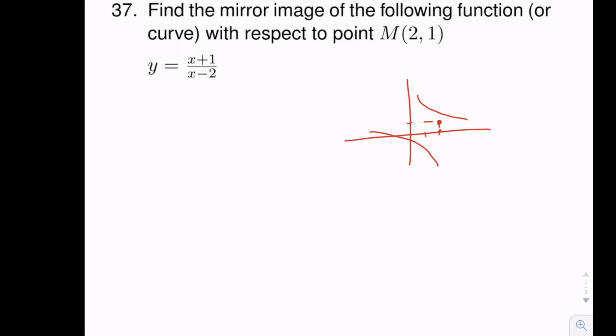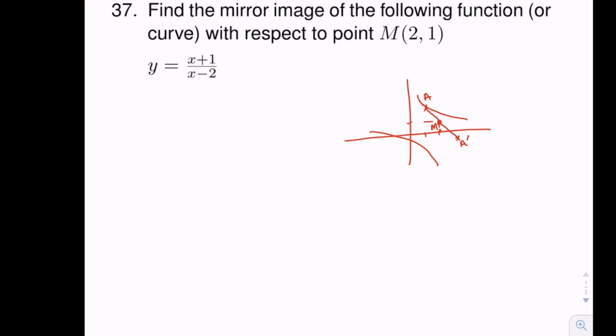Now, if we want to find the mirror image of an arbitrary point on this function, let's say this point A, with respect to this point M, we need to make a line segment AM and then continue the line segment for the same length of AM to reach the point A prime. And then A prime will be the mirror image of A. Now we can do this for every point on this curve, and the resulting curve will be the mirror image of the curve with respect to M.